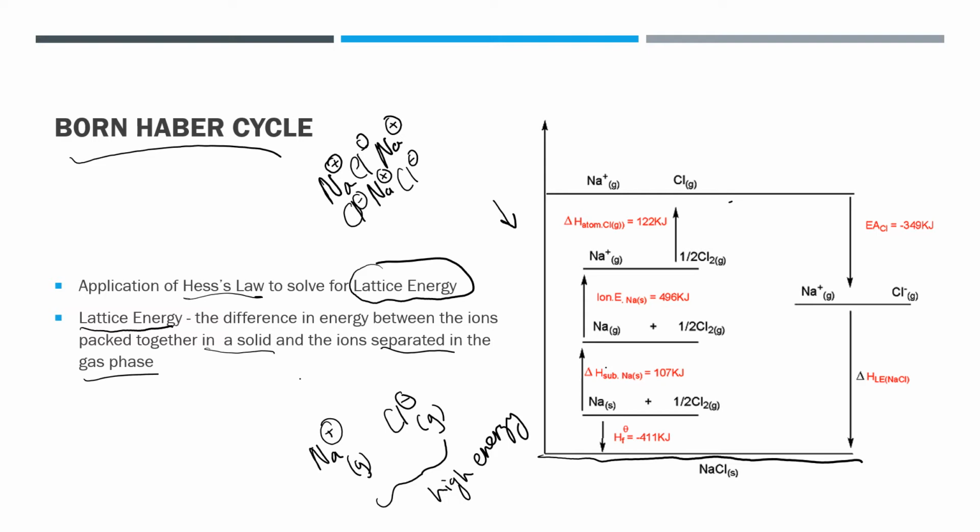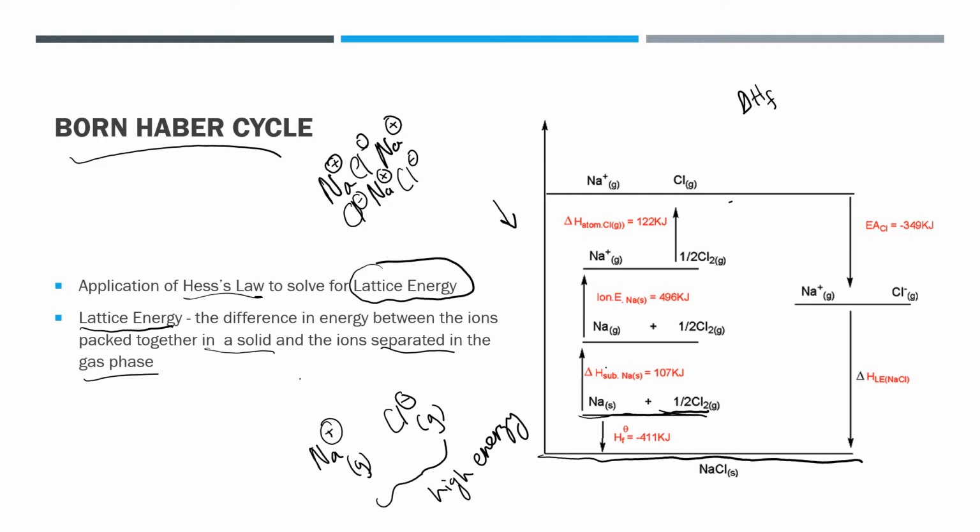You can see our first step: how do we get to solid Na and half Cl2? You might notice that solid Na plus half Cl2 going to NaCl is the delta H of formation, delta H f. The delta H of formation is how we make our final product using the elemental forms of the atoms in it.